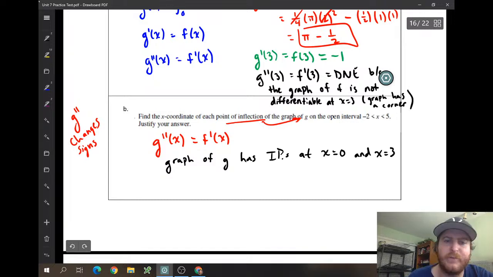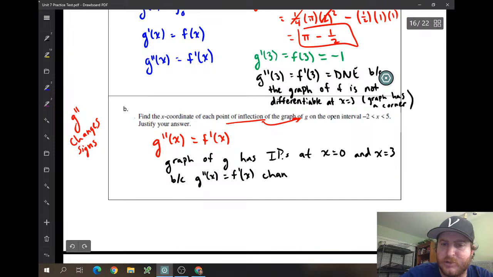Now, if you are confused about what to write, the easiest way to write this is to say because g double prime of x equals f prime of x changes signs at those points. You'll always get it right if you write it that way. That's my hint to you. If you're not sure what to put, just say g double prime of x equals f prime of x changes signs at those points.